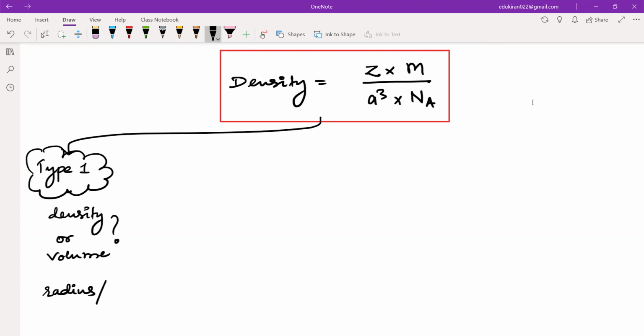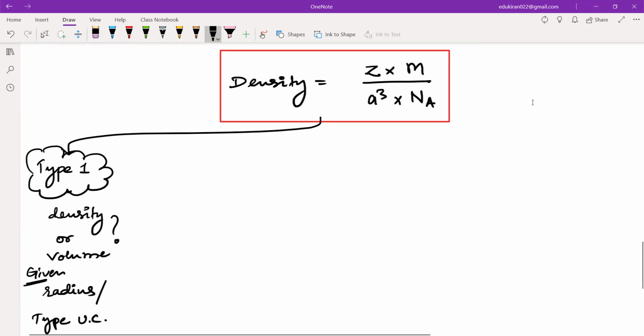They will also give you the type of unit cell. They will give you radius or something about the radius or the nearest neighbor. I will talk about nearest neighbor when I give you the question. They will give you the type of unit cell, and then you have to calculate the relationship between whatever is given and the edge. So this is the first type of question that you will be looking at.